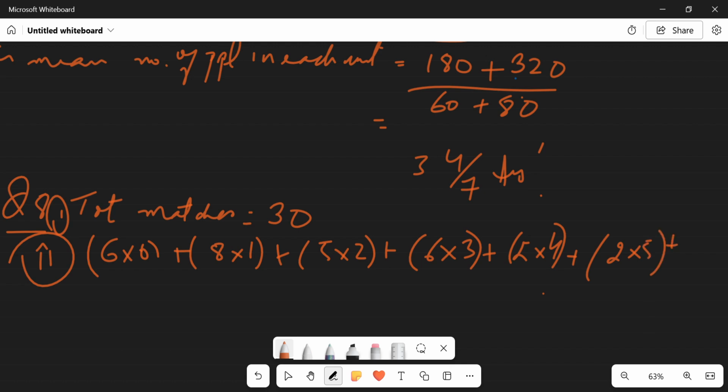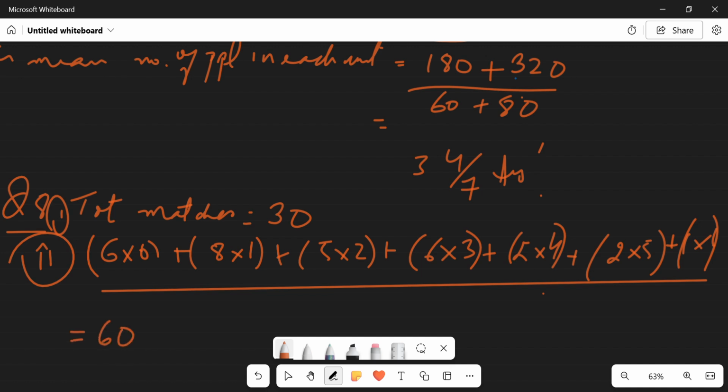And the last one is 1 match and 6 goals. Okay. When you multiply, the question only says that you need to find out the sum, the total number of the goals scored. Now, the total number of the goals scored, when you multiply and add, you will get the answer 60.